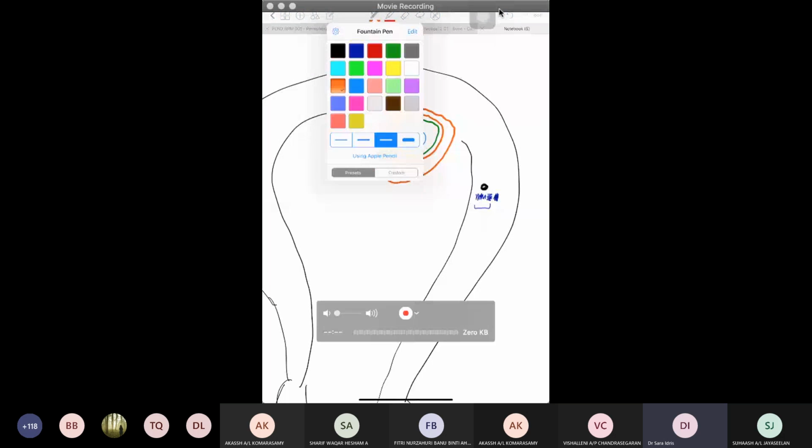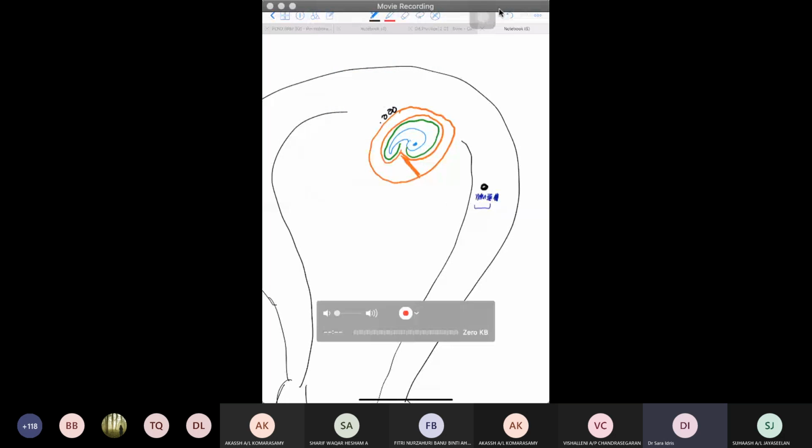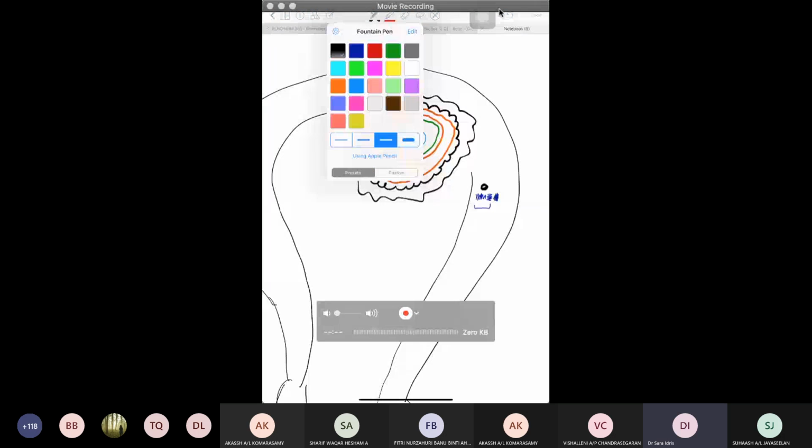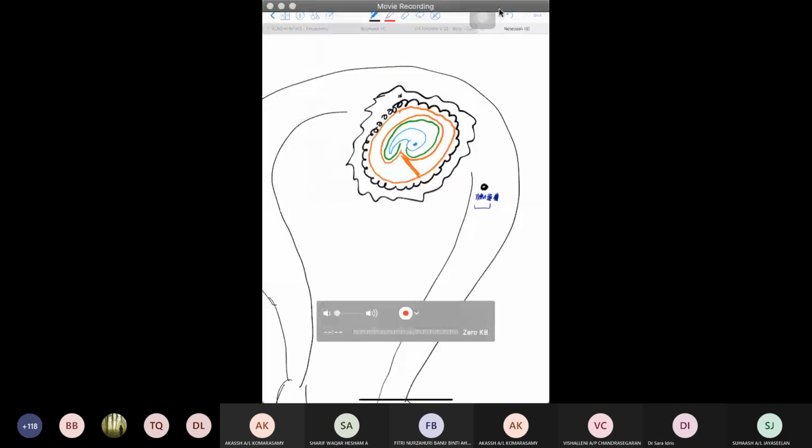Of course you have your cytotrophoblast, and surrounding the cytotrophoblast will be the syncytiotrophoblast. So you have your syncytiotrophoblast surrounding it, and then don't forget your primary villus.